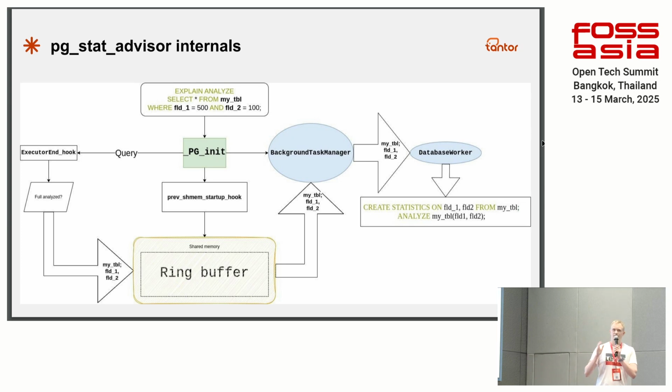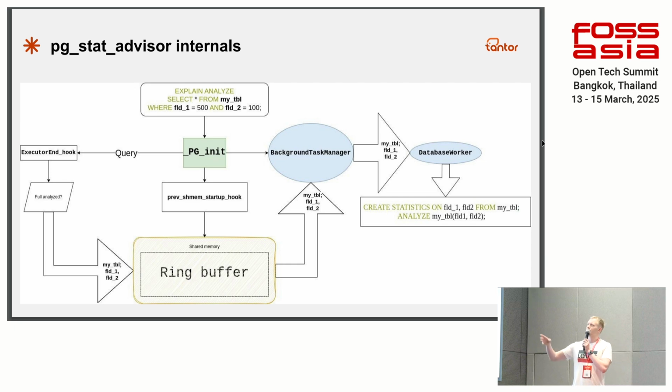Then this information is read by a background task manager that every 10 seconds or so sends it to this daemon, and this information is sent to a database worker that creates extended statistics on this table and collects information about these columns.